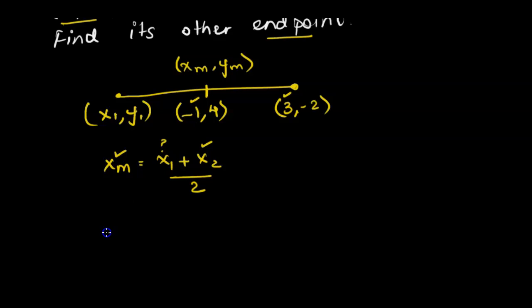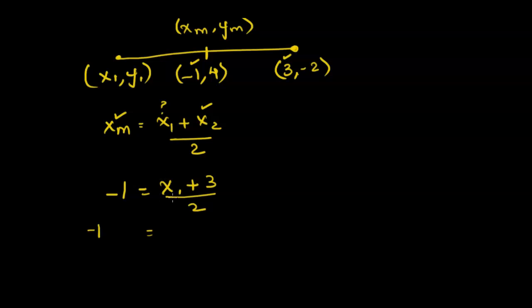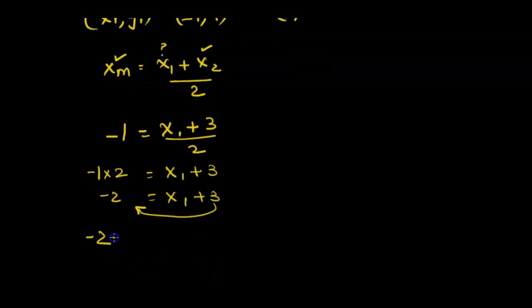In place of xm, we will put -1. x1 would be left as is. x2 would be 3, divided by 2. All we have to do is just isolate x1. So we would move everything to the other side, 2 multiplied by -1. And here we are left with x1 plus 3. This is -2. Then we move this 3 over. We would be able to get -2 minus 3 equal to x1. This would give us -5 as the x1 value.